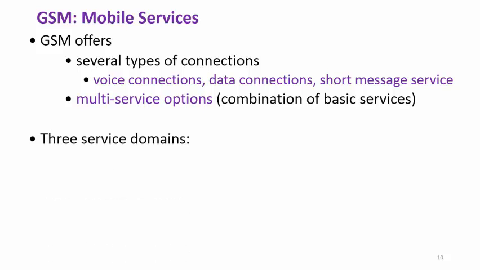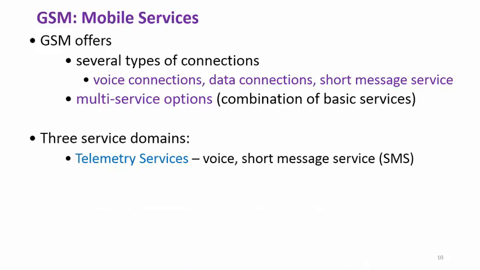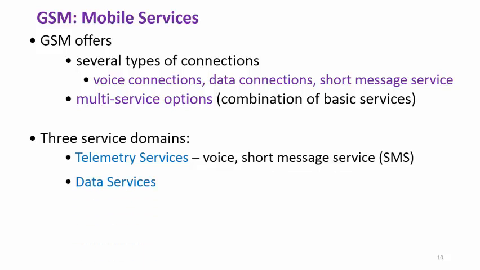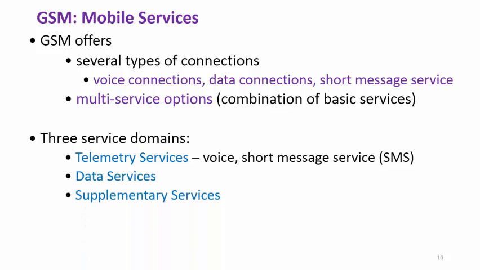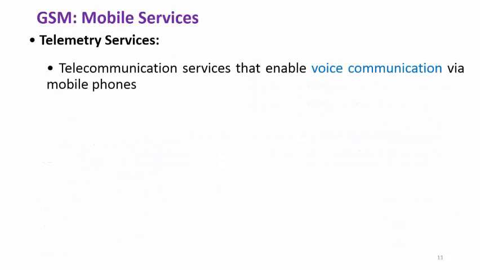Multi-service options are available, so a combination of the basic service and data packet related services are available. Three service domains are available. The first one is the telemetry service, which provides voice and short message service. Then the data related services, and finally the supplementary services.